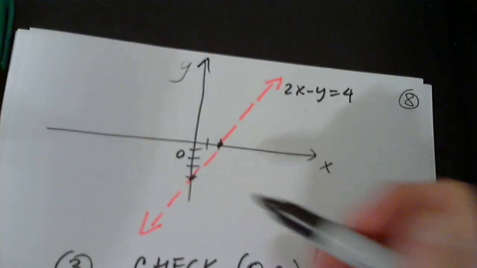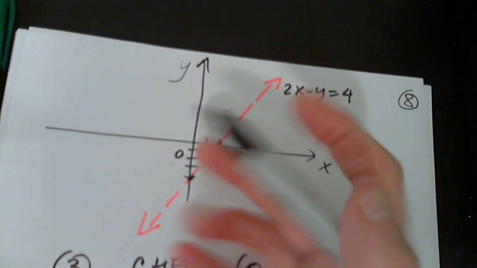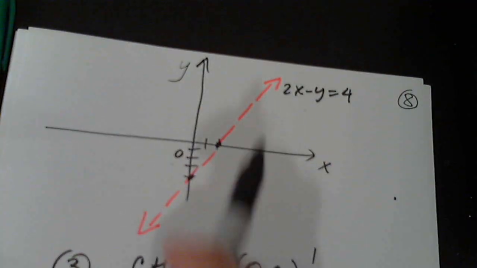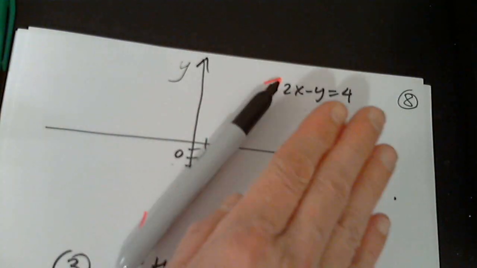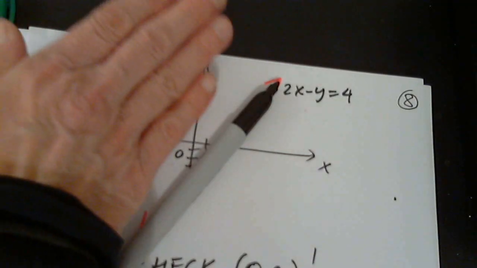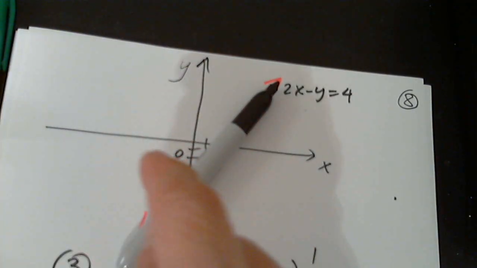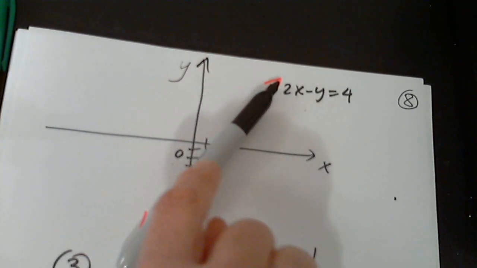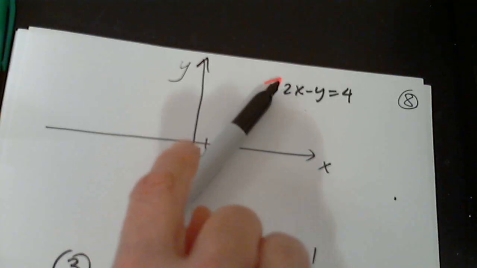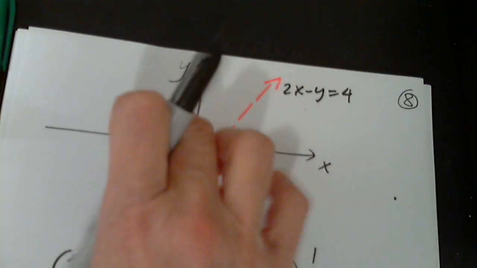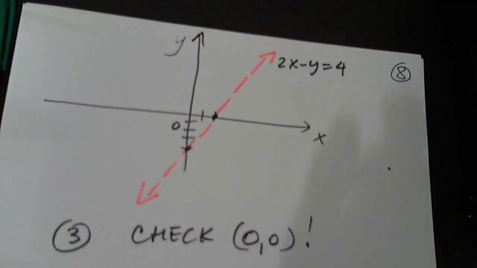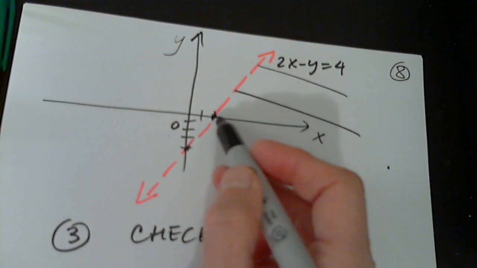So the region, as you see this line, divides the entire plane into two pieces, this piece and this piece. And I checked this piece because I used the 0, 0, and I got a false statement. So this region is not the solution. This one is.